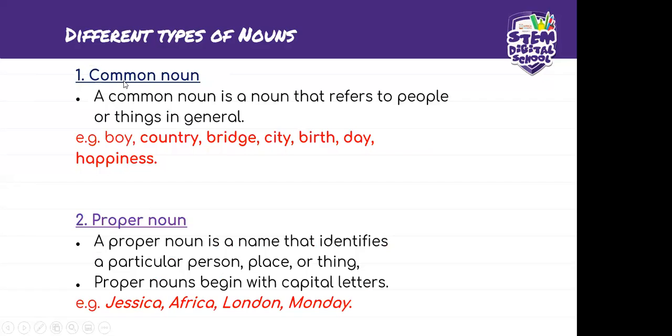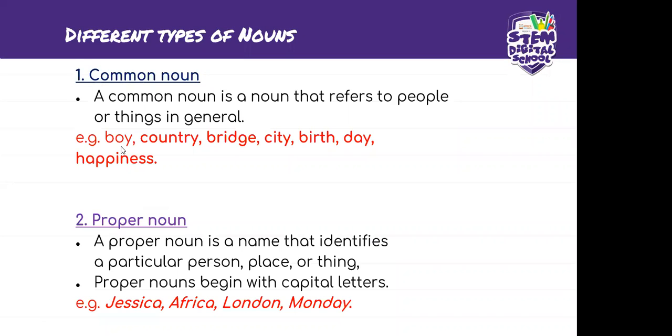Number 1, we have the common noun. So a common noun is a noun that refers to people or things in general. Okay, so you realize that even in my previous slide, when we were talking about the animals, the things, those are examples of common nouns. So here are other examples.